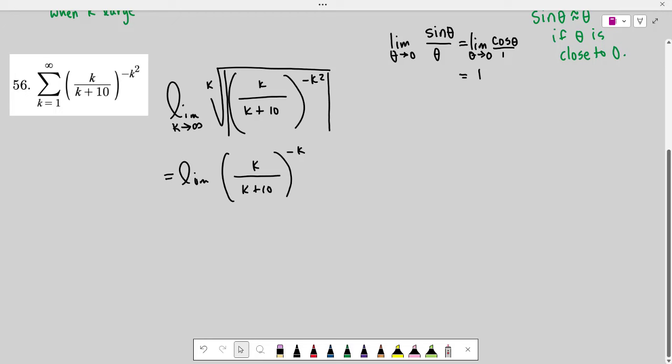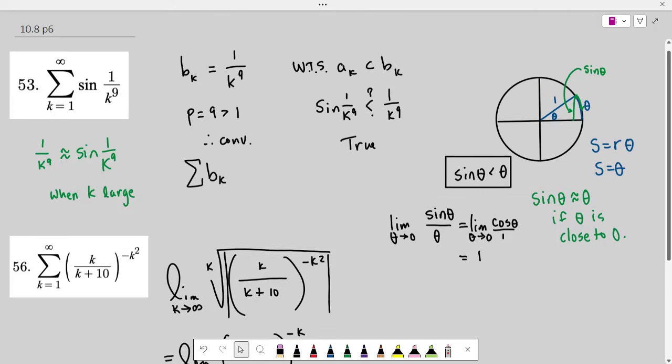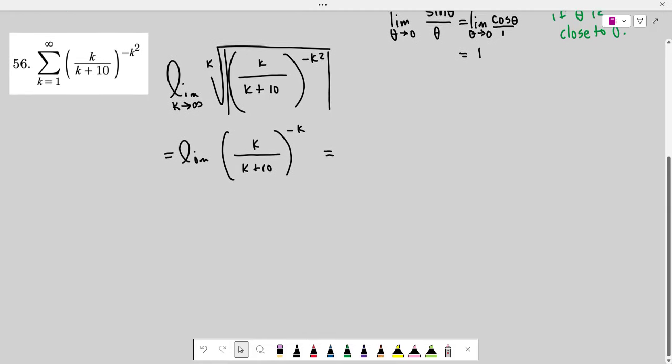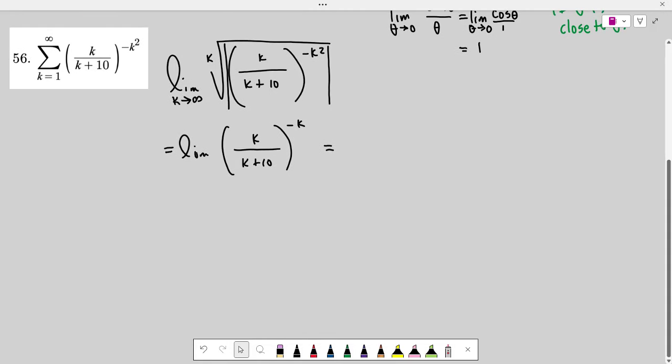Okay, so now we're back into that modified e limit thing, on the prior slide. We need this to be 1 plus something. We can't divide k plus 10 into k, so we're going to flip it. If we flip this, then this exponent gets flipped in terms of its sign.